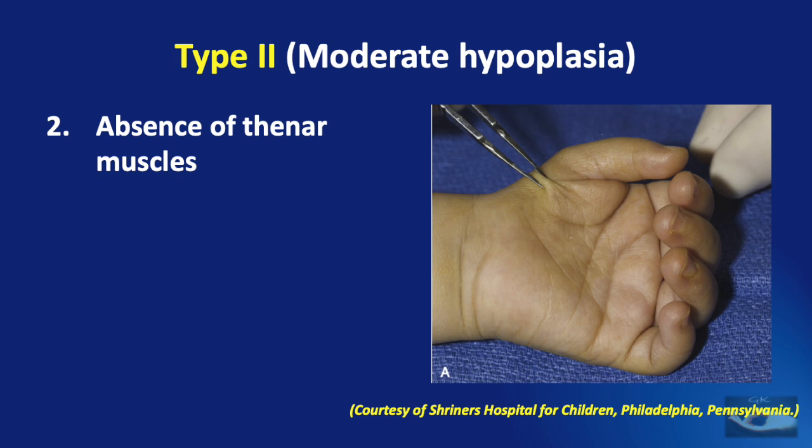The ulnar innervated intrinsics, particularly the adductor pollicis, pull the metacarpal into adduction because there is no antagonist, and this leads to narrowing of the first web space, which when explored surgically shows tight fibrous bands.